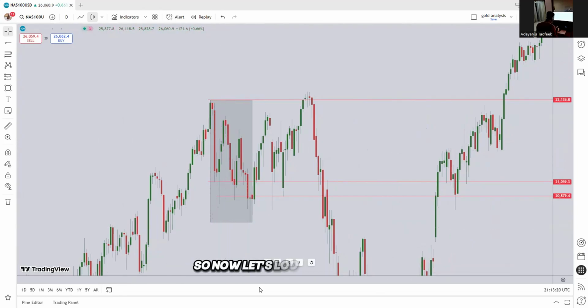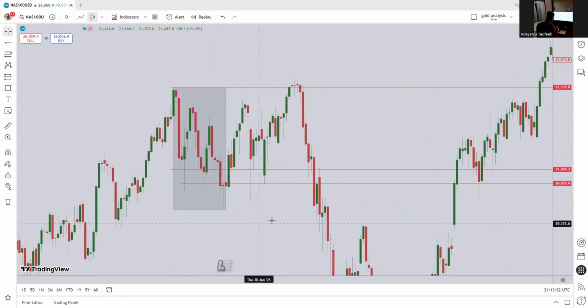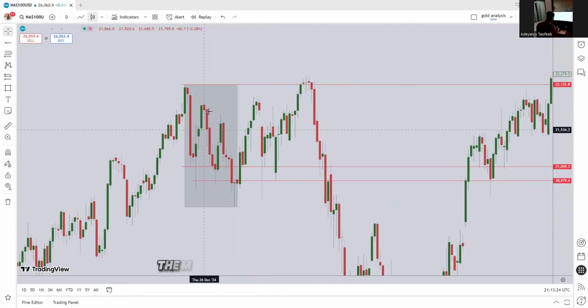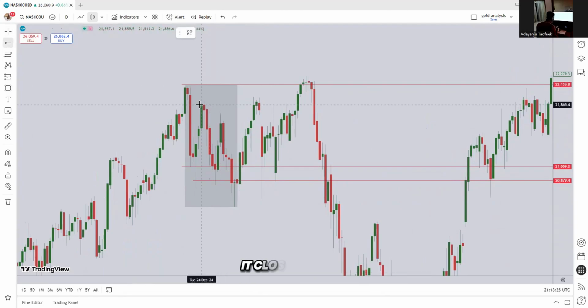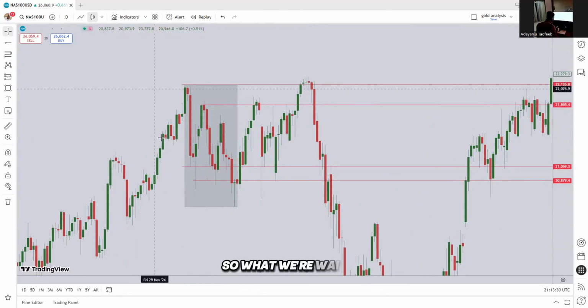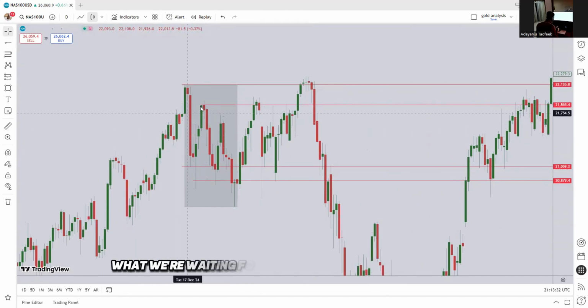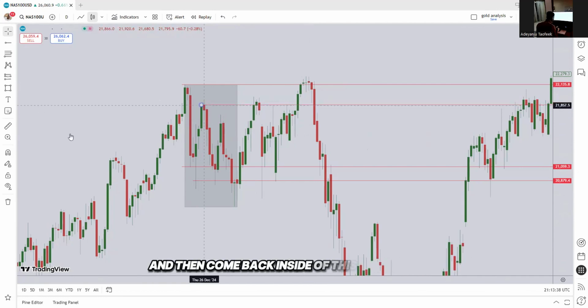So now let's look at it this way. The market closed bullish on the daily. What we're waiting for is to see price get above this level and then come back inside of this red line.